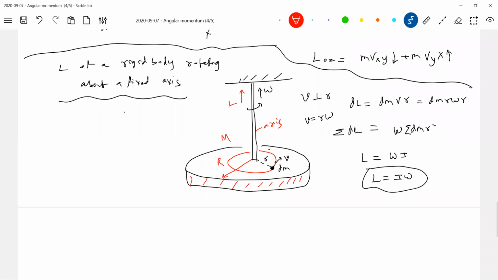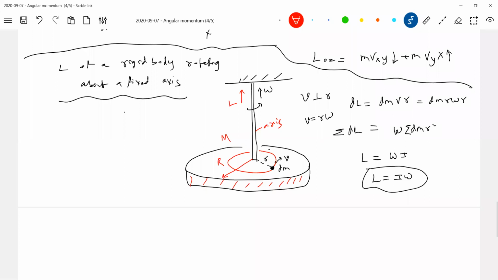The angular momentum of a rotating rigid body is given by moment of inertia about that axis into angular velocity. Here L and omega are parallel. It all depends upon the type of rigid body and about which axis it is rotating. In most of the problems we encounter, L will be along omega, but it need not be.